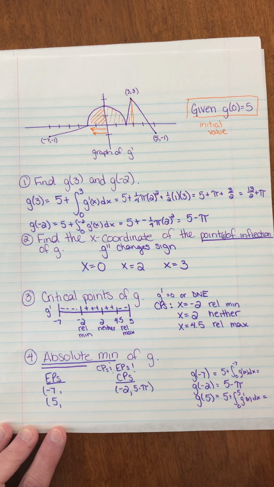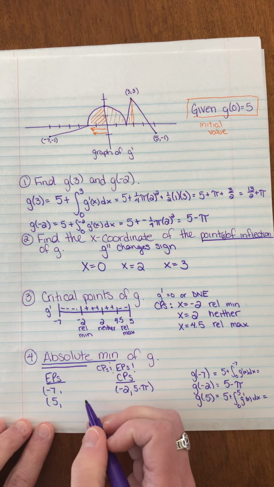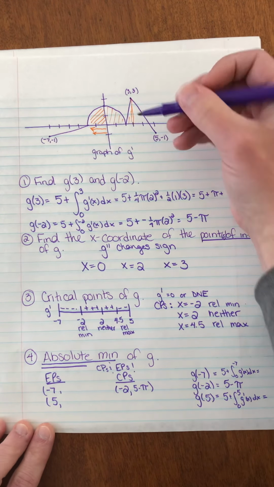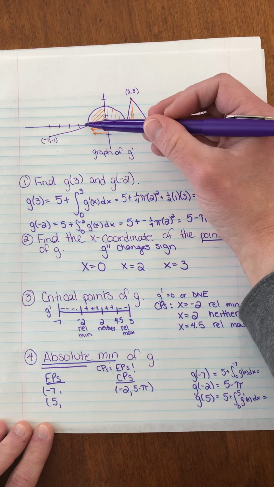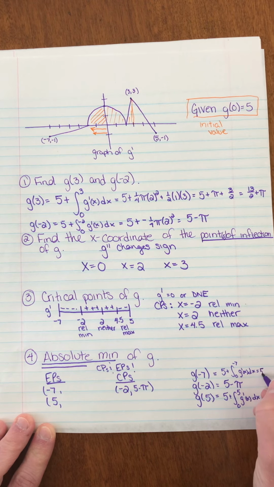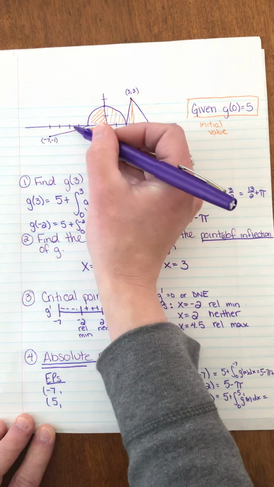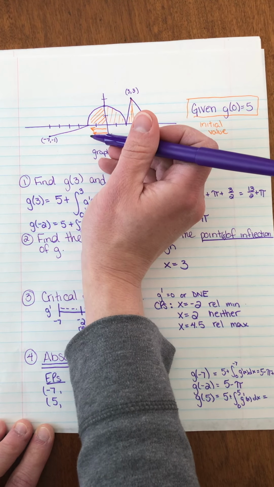What we are going to do is find those endpoints and the y values associated with them. From 0 to -7, this becomes negative pi, so it's 5 minus pi, plus this part, which becomes positive because it's below the x-axis but we're shading backwards.